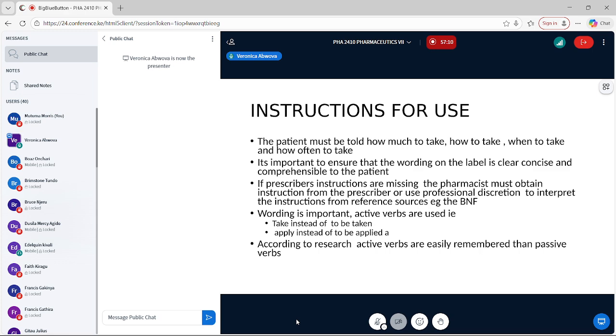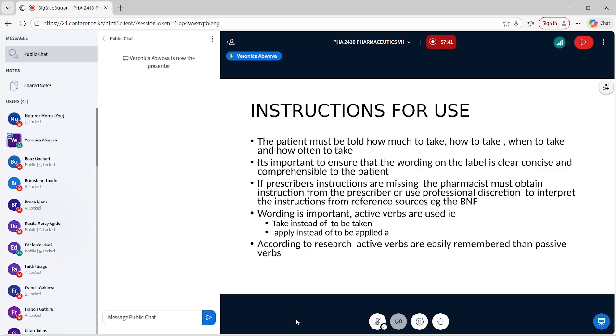Wording is important. Active verbs are used, okay? For example, take instead of to be taken, apply instead of to be applied, okay? So for instance, when we are writing instructions for the ibuprofen, instead of saying 2 tablets to be taken 3 times a day, we just indicate, take 2 tablets 3 times a day, every 8 hours, okay?